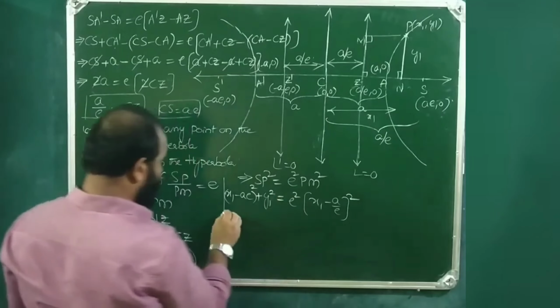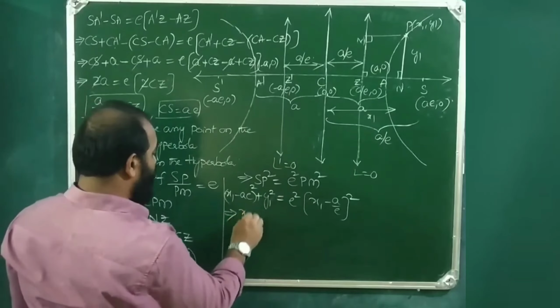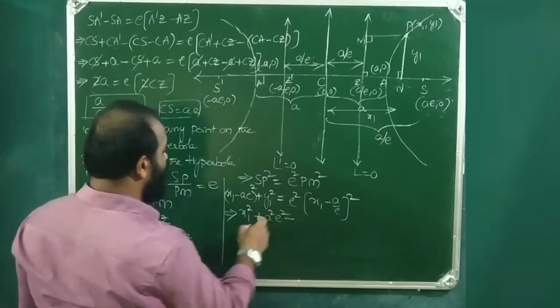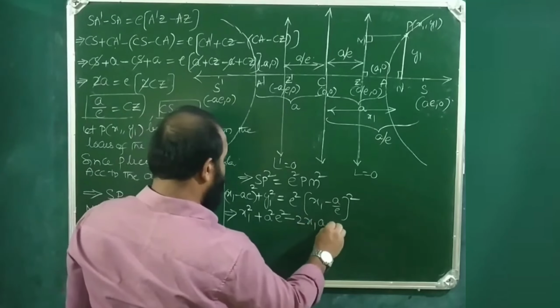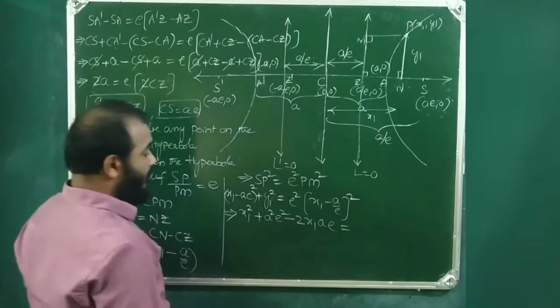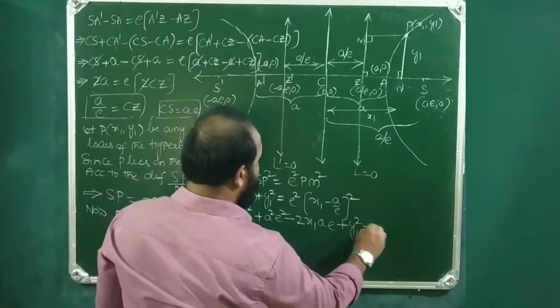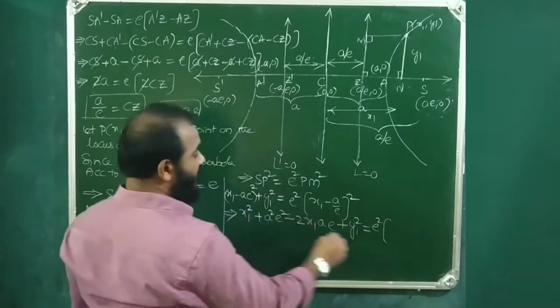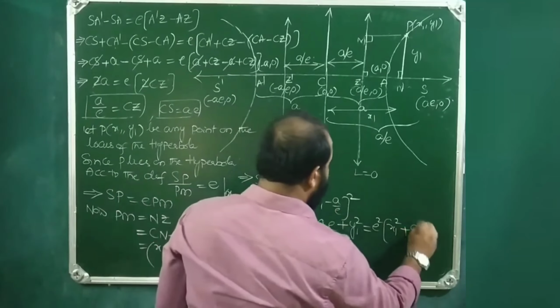So this is equal to, A minus B whole square, A square plus B square minus 2AB, 2 x1 AE plus y1 square is equal to E square into x1 square plus A square by E square.